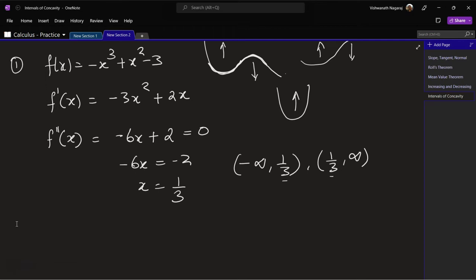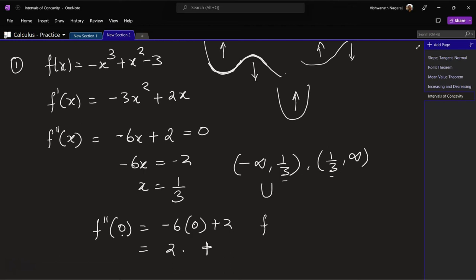Here we have 1 by 3, so we have to take a value to the left of 1 by 3, which means we can take it as 0. So f double prime of 0 is minus 6 times 0 plus 2, which gives us 2. And this is positive. Positive means this is concave up.